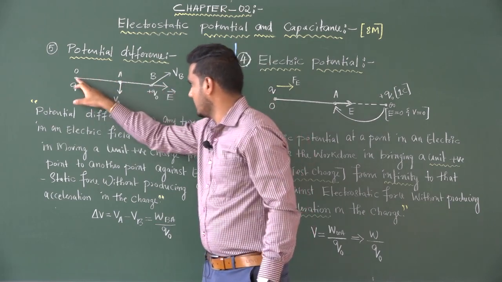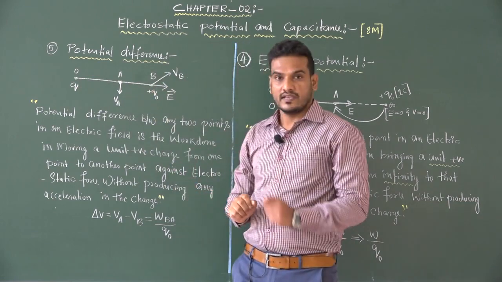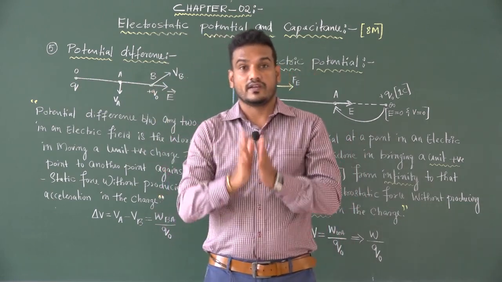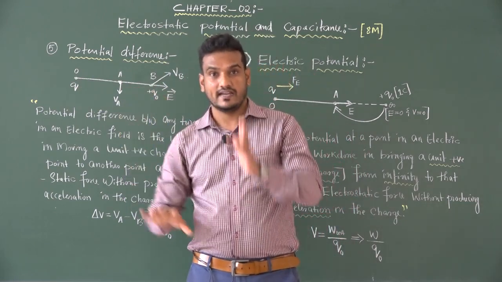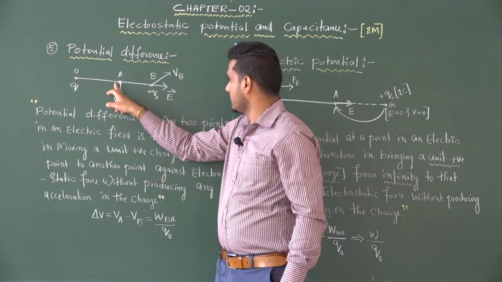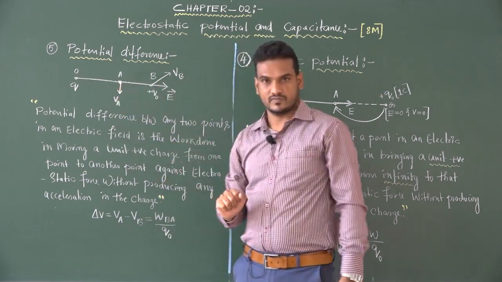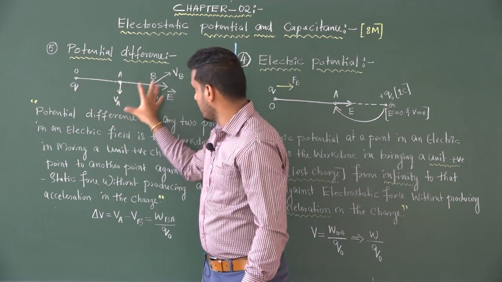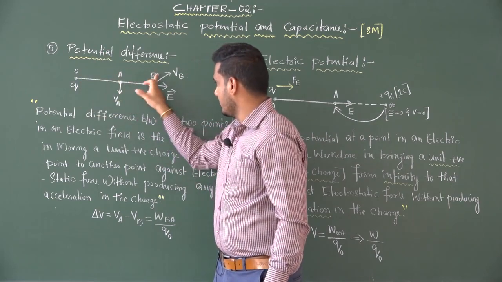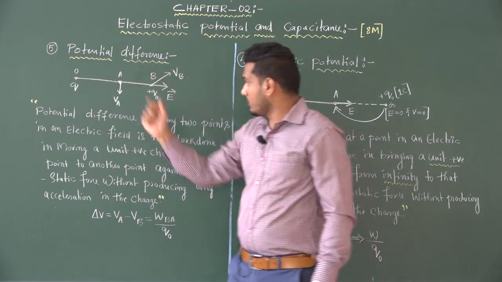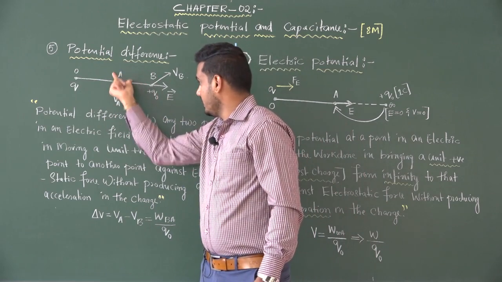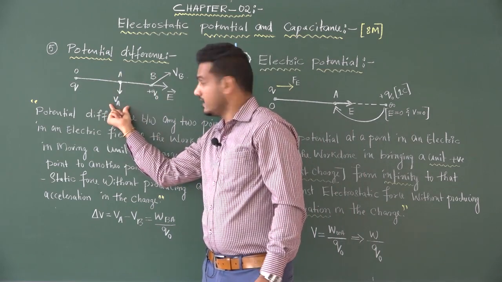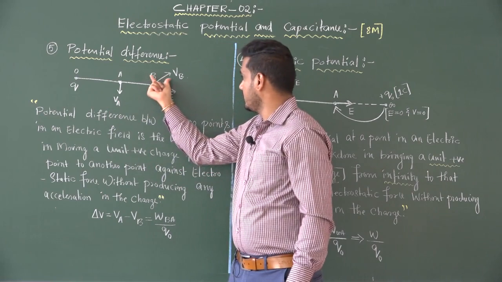Look at this electric field line. In this electric field line, I consider 2 points, namely A and B, within the electric field only. The potential at point A is VA, the potential at point B is VB.